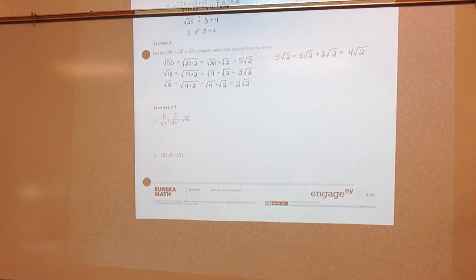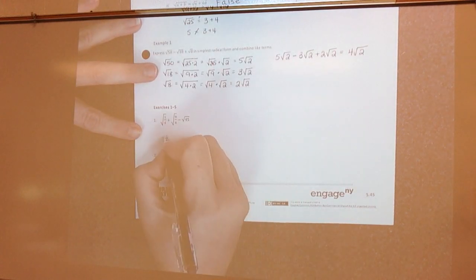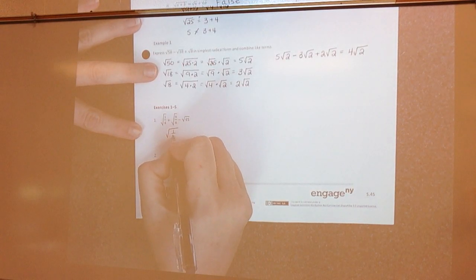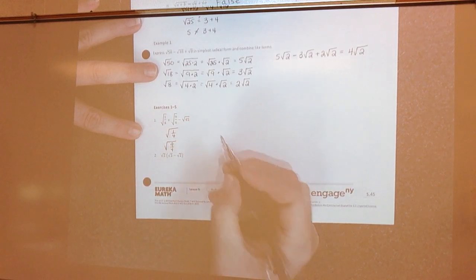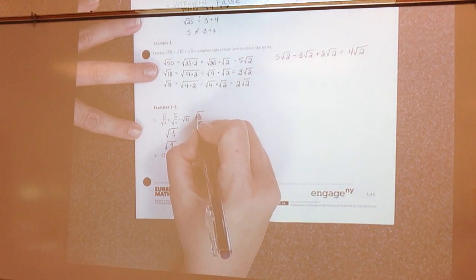So we need to look at this and do the square root of 1/4, the square root of 9/4, and the square root of 45.